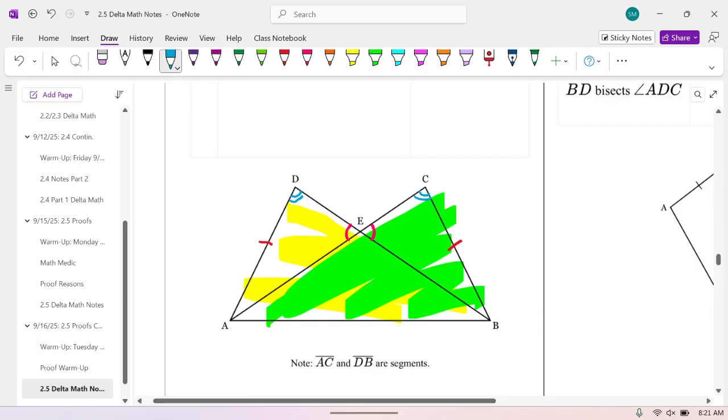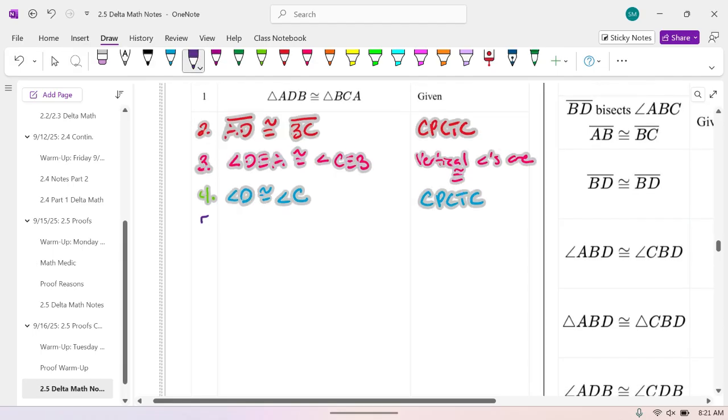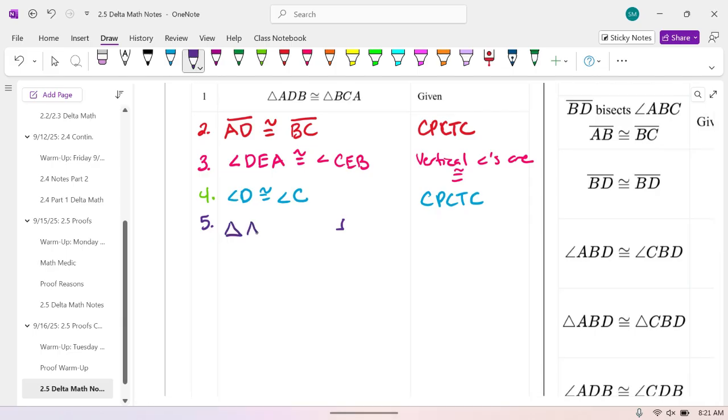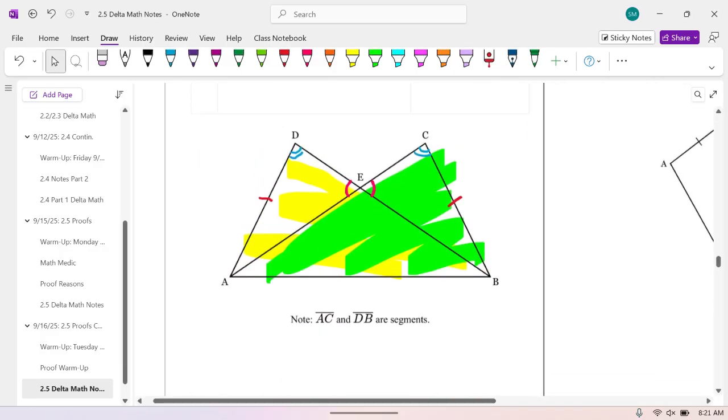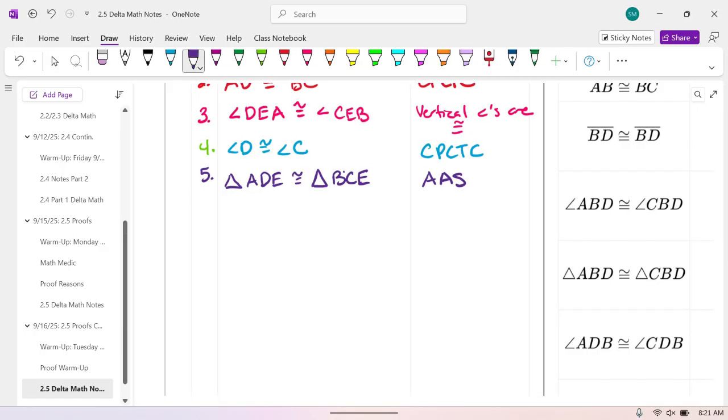Now we have angle, angle, side. So we can say that triangle ADE is congruent to triangle BCE by angle, angle, side.